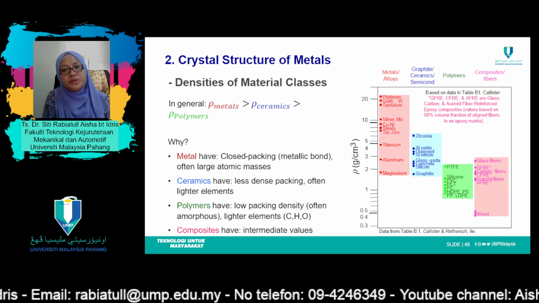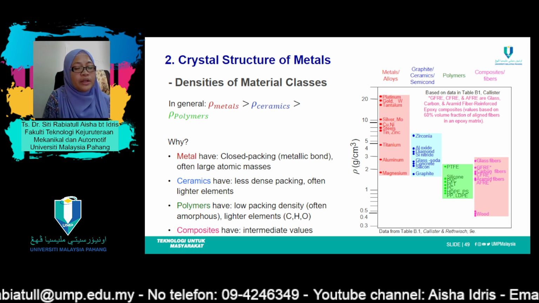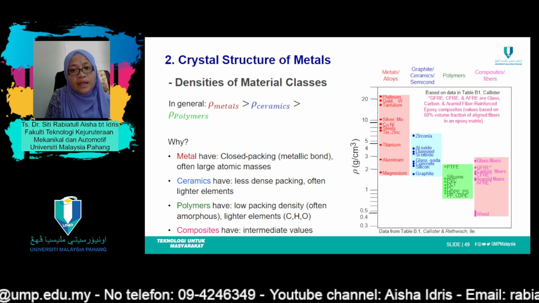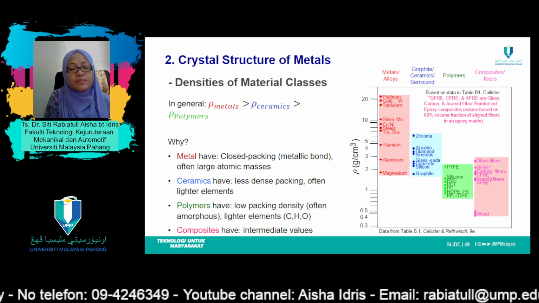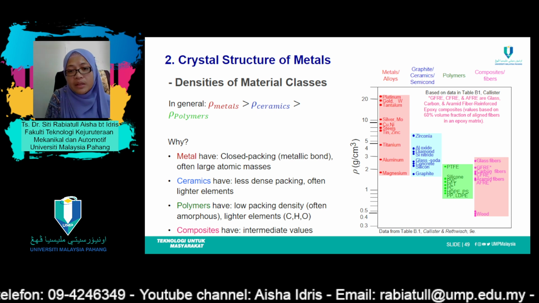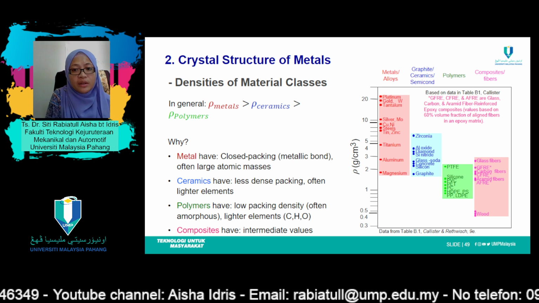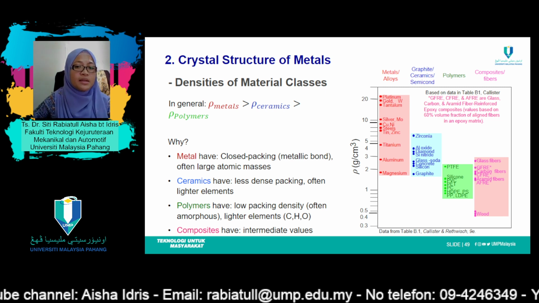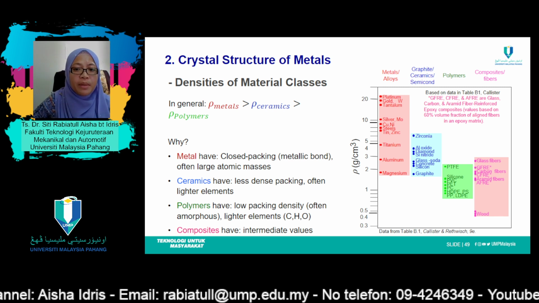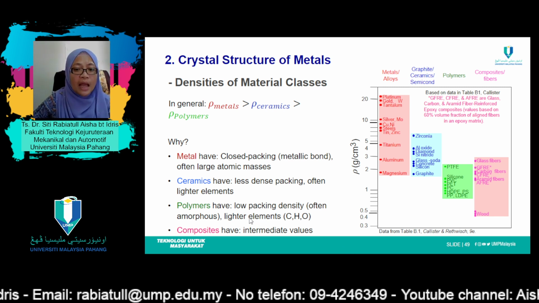and you see in general the density for different types of materials is different. For example, the density for metal is much higher than ceramics, and ceramics is much higher than polymers. The reason is that metal has a metallic bond, which is very close packed, normally with large atomic masses. Ceramic has less dense packing, often with lighter elements.